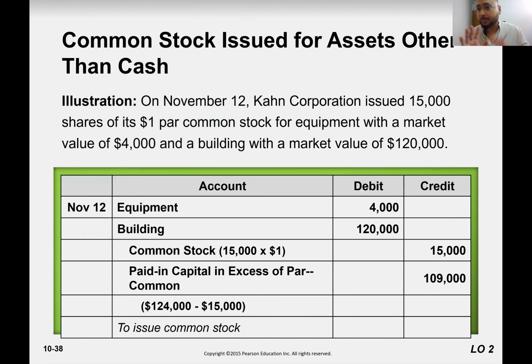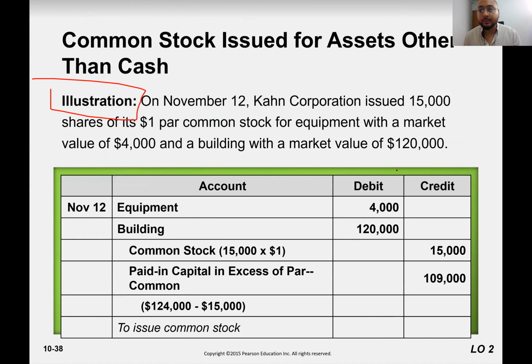Now, up till now, what have we discussed? We have discussed issuance of shares for cash. But what if the company doesn't have cash? Can they issue shares? Yes. The answer is they can issue shares against assets. Okay. Let's talk about this illustration here.